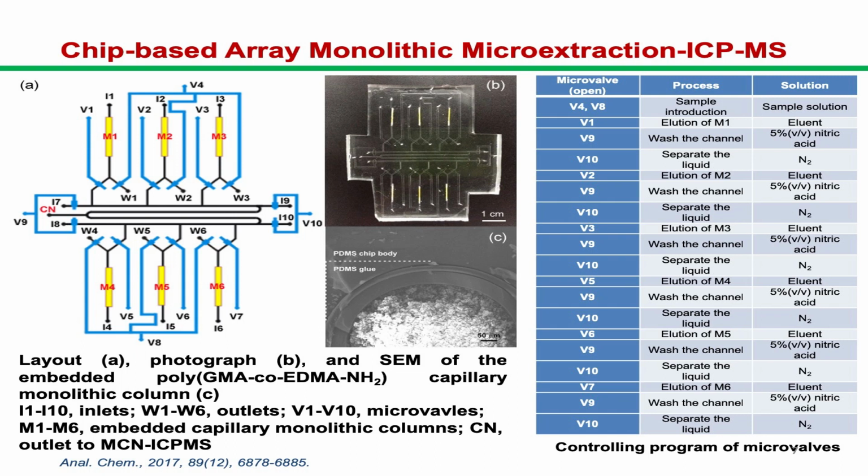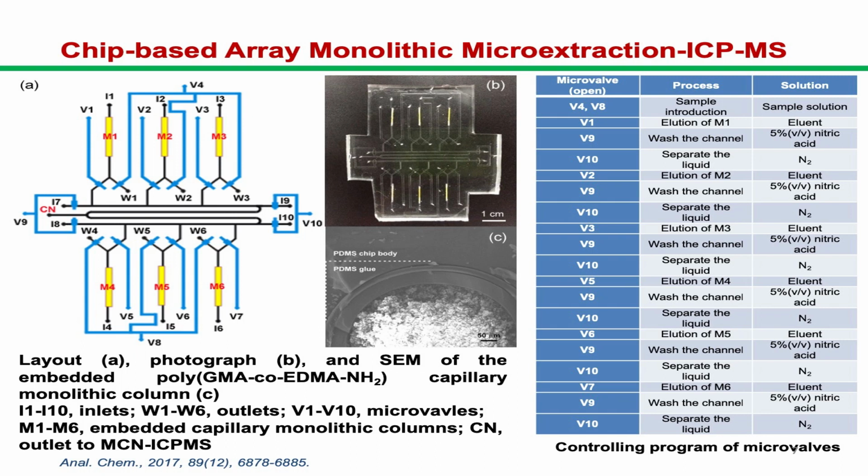During the extraction, the sample goes through the 6 parallel capillaries, and then through the microvalves we control. We first let the elution solution go through the first capillary, and then perform online subsequent determination by ICP-MS.